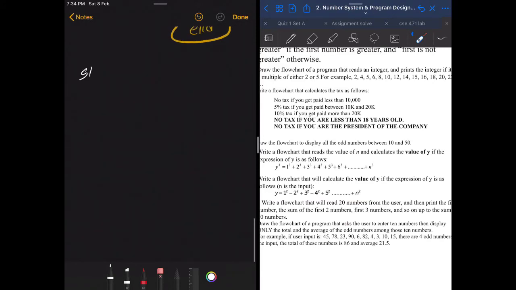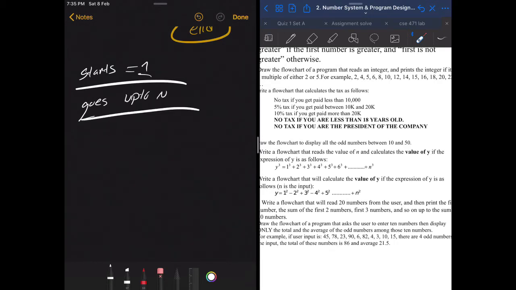It starts from 1 and goes up to n, right? However, in this case we don't know what n is, so we definitely need to take input from the user.